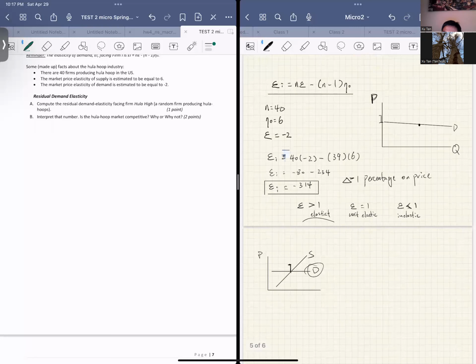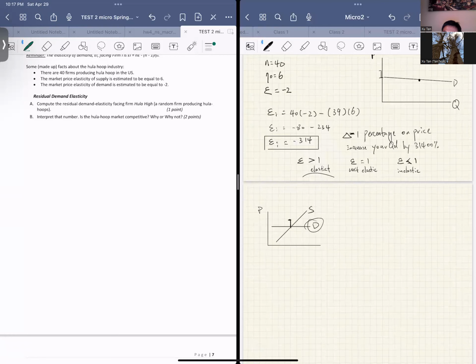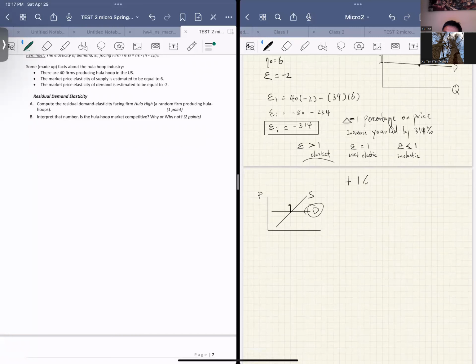Let's say you increase 1% on price, your quantity demanded decreases by 314%.